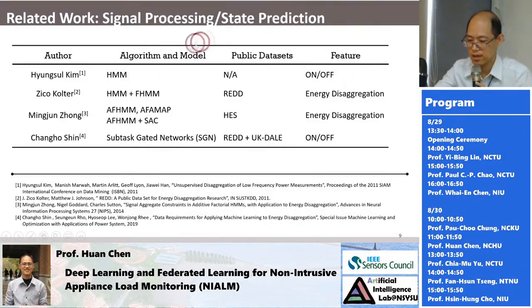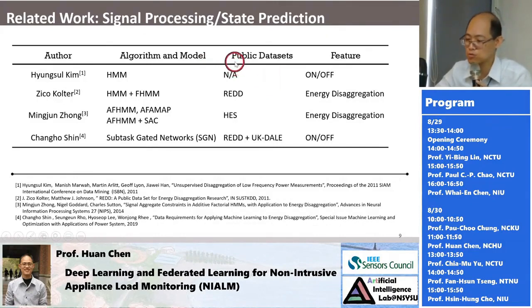Next, they improved the results with the factorial hidden Markov model. The most important point to mention is that the first paper has more than 5,000 citations, and the second paper has more than 1,000 citations.